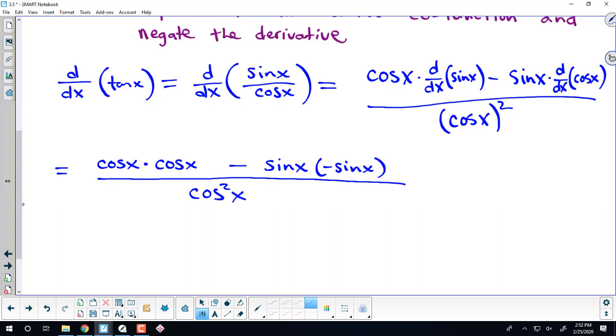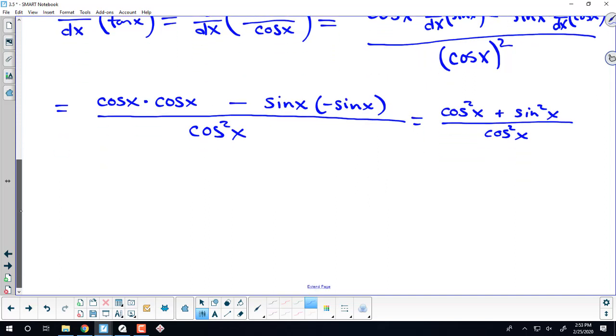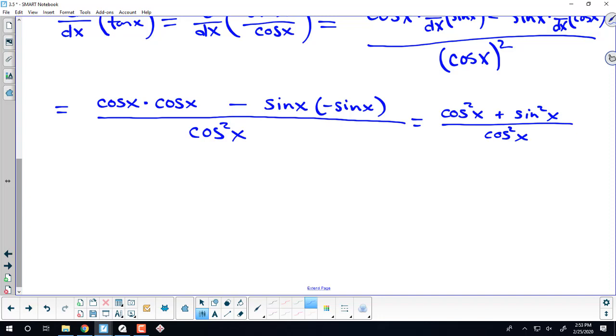So what happens to the top? What's cosine squared plus sine squared? 1. Yeah. Remember cosine was like the x-coordinate, circle radius 1.